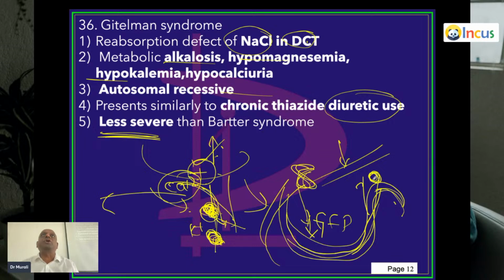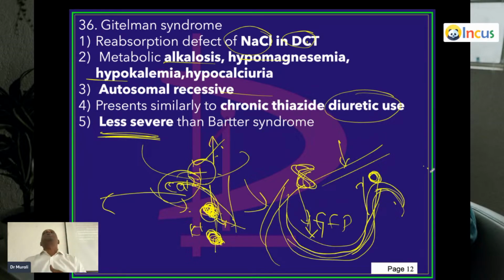In the distal convoluted tubule, you have juxtaglomerular cells. They will sense that the tubular fluid is going slow, which means there is hypovolemia, plasma volume contraction, decreased renal plasma flow, decreased GFR. Immediately they produce renin. Renin stimulates angiotensin.